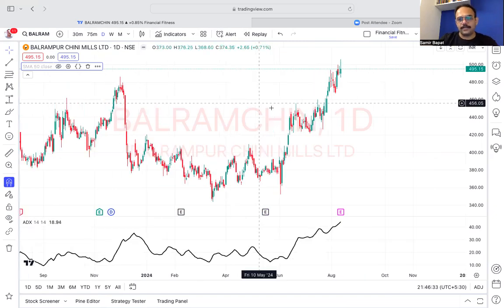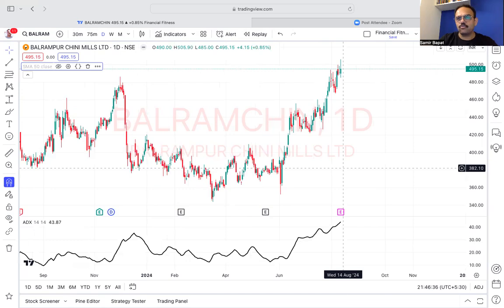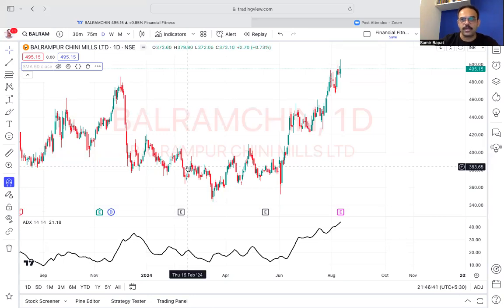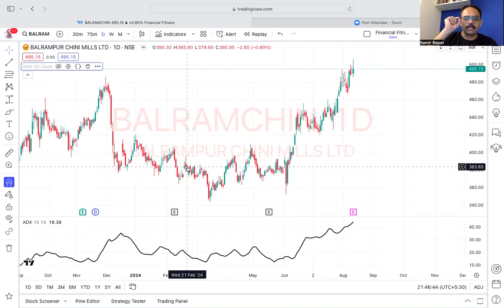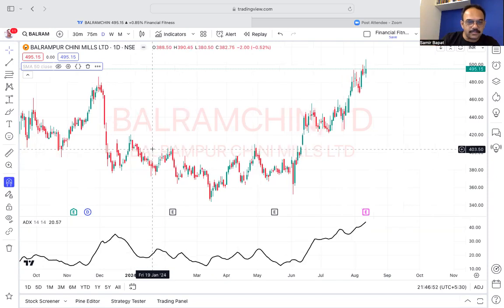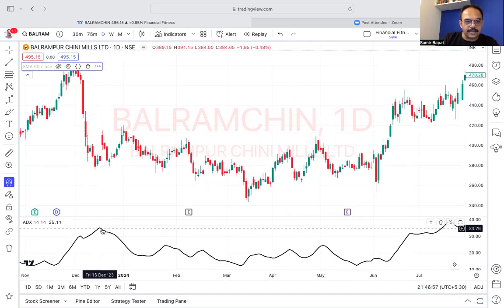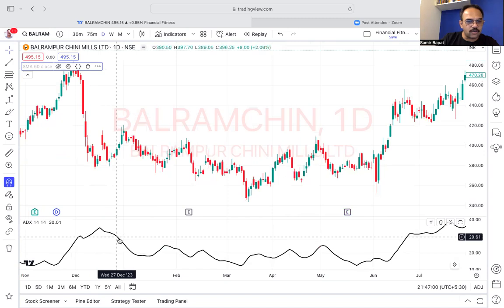Now how to trade? What we have to do is wait for this ADX to go below 25. Okay, step number 1, you can note down: wait for the indicator to go below 25. So let's say this indicator ADX has gone down, down.